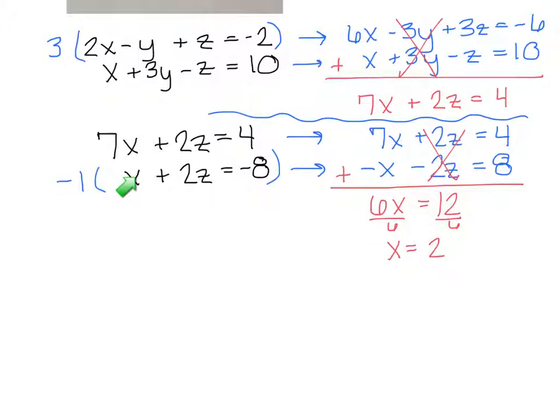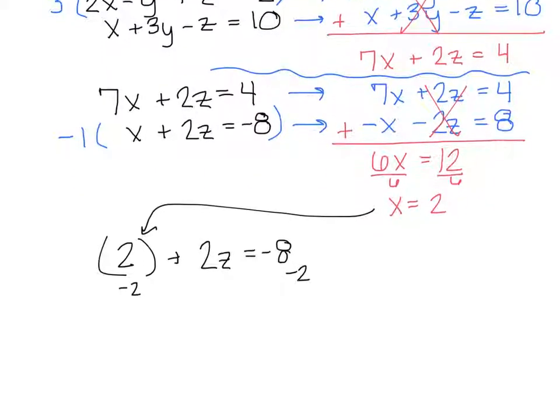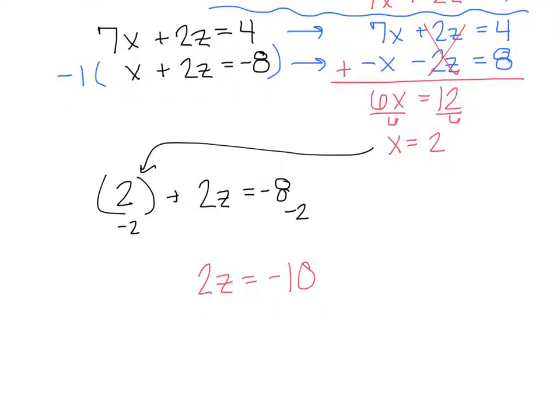Because it's just an x by itself. 2 plus 2z equals negative 8. 2z equals negative 8 minus 2, so 2z equals negative 10. Divide by 2. Divide by 2. z equals negative 5.